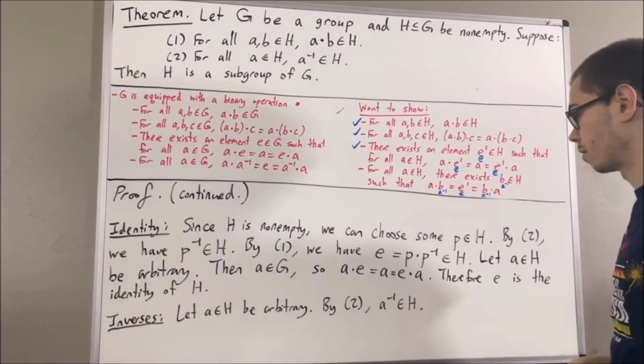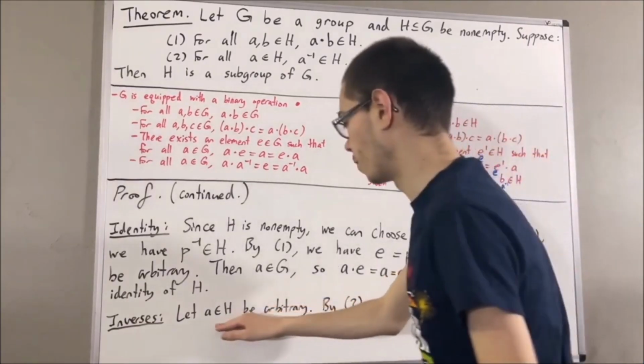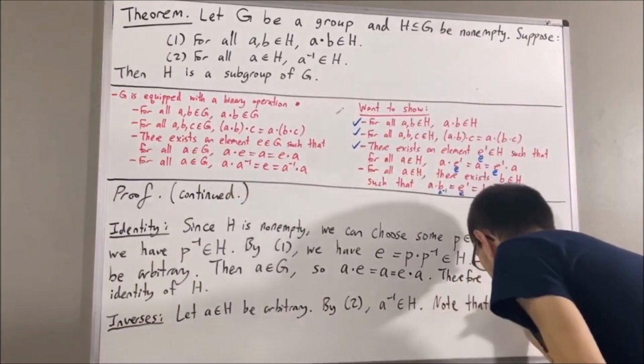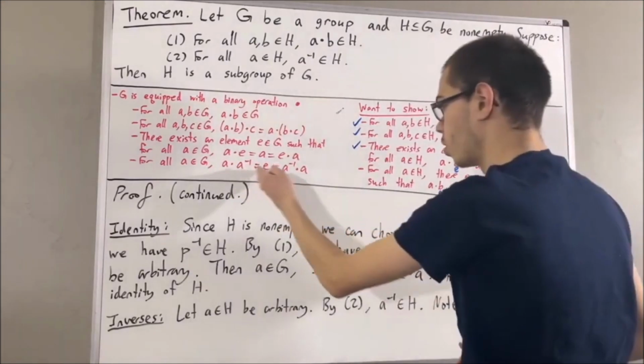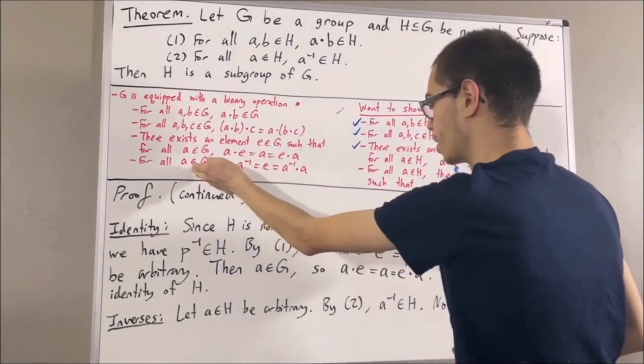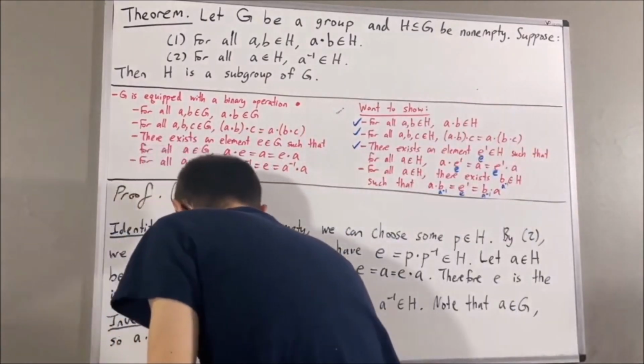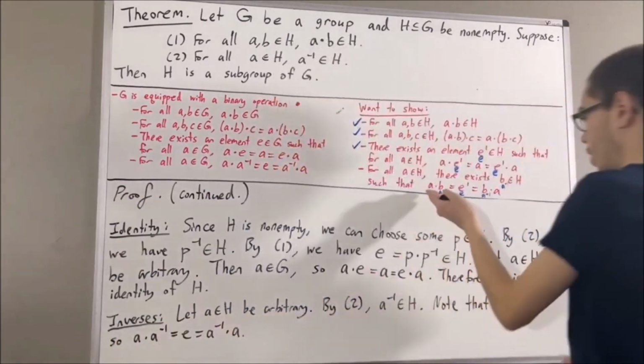And to show that, well, since A is an element of H, certainly A is an element of G. But then we know that this equality is true for every element in G, so in particular it must be true for A. And that's exactly what we wanted to show.